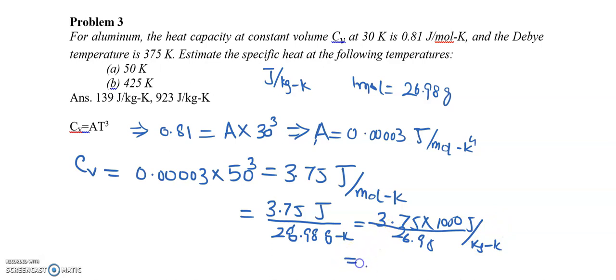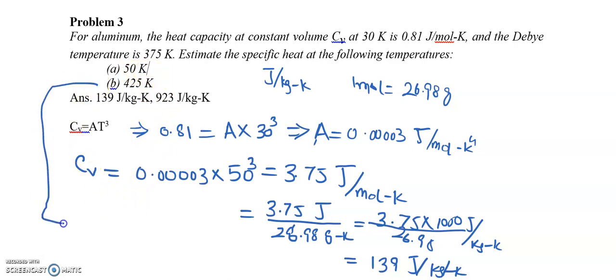As we calculate, this value will be 139 joule per kilogram Kelvin. This will be the specific heat at constant volume at 50 Kelvin.